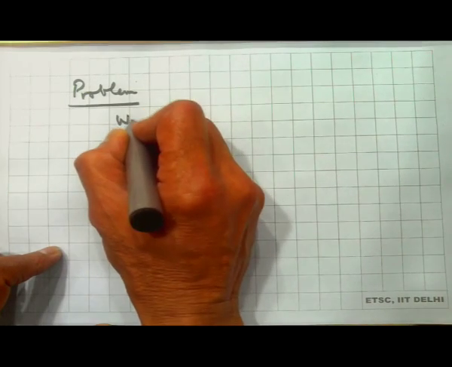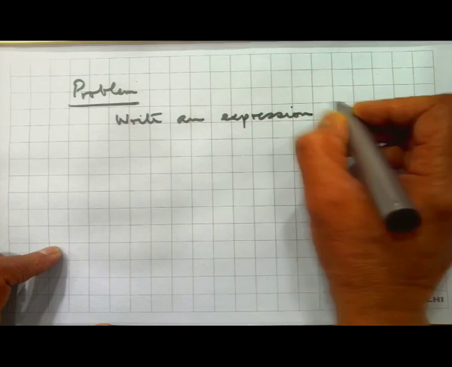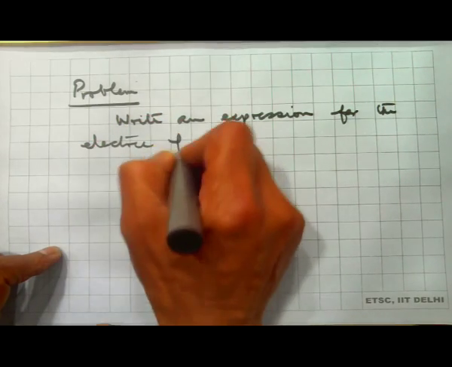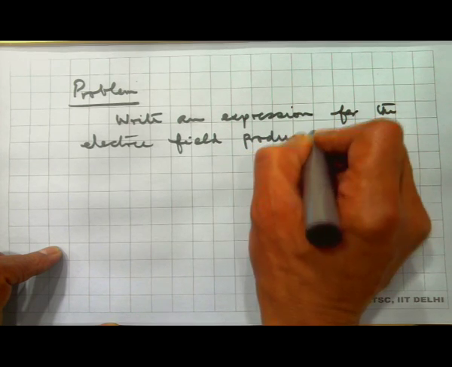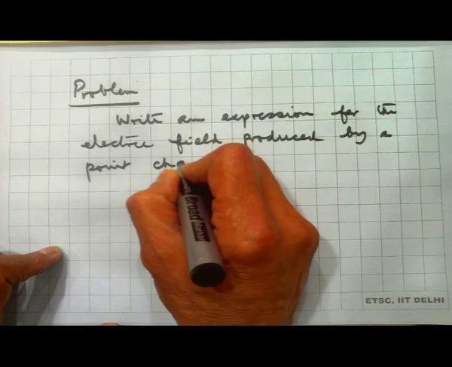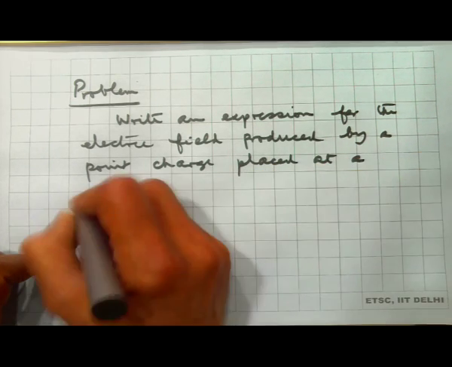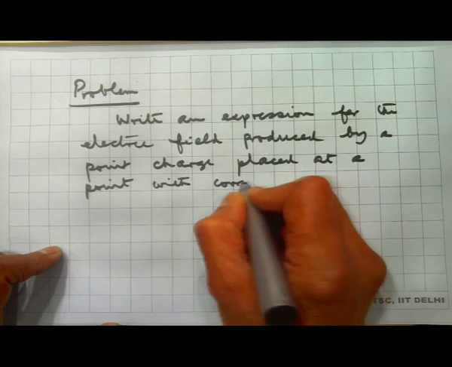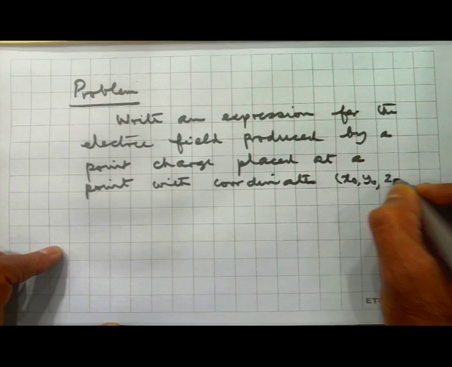Write an expression for the electric field produced by a point charge placed at a point with coordinates x0, y0, z0.